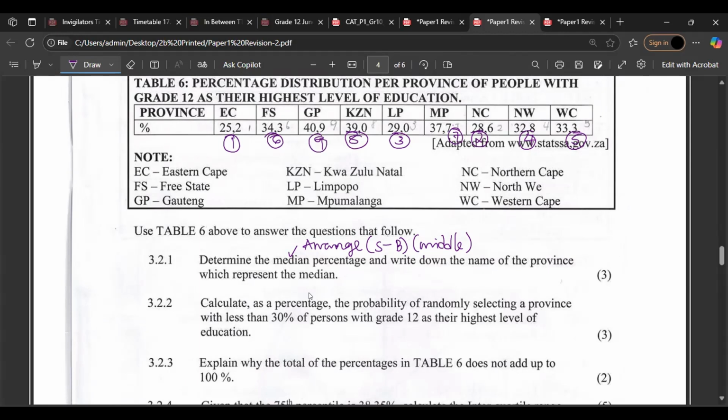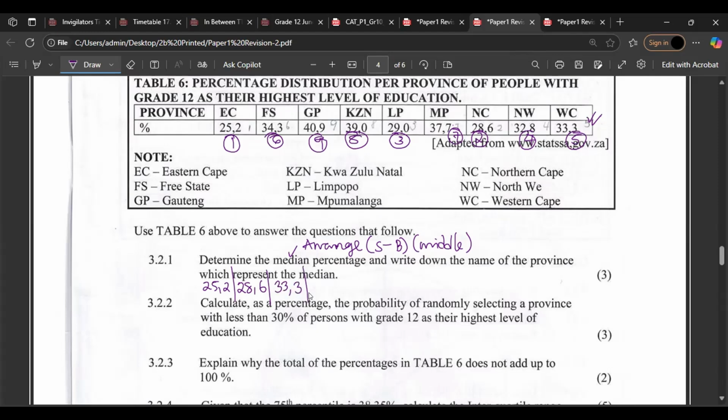Since they are 9, the middle number is going to be the 5th number. This one is our median. Let's arrange and say: 25.2, followed by 28.6, followed by 33.3.